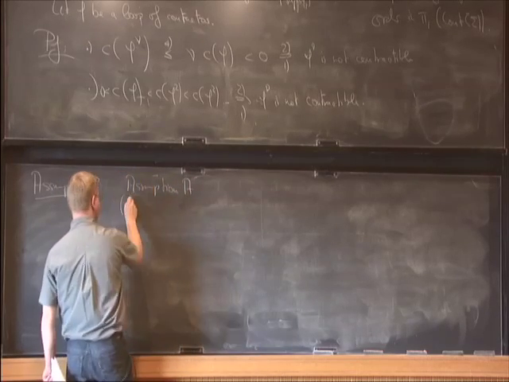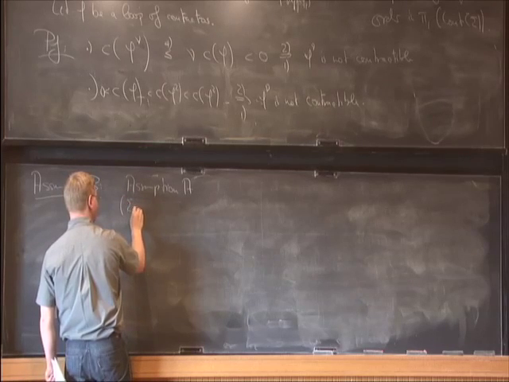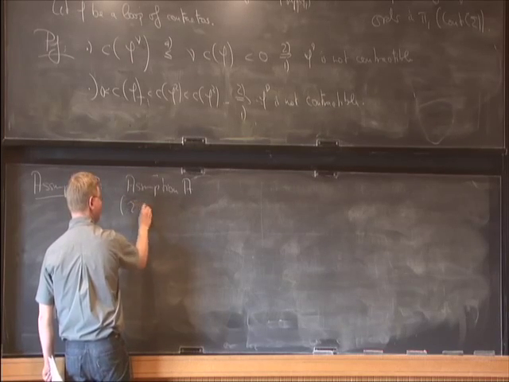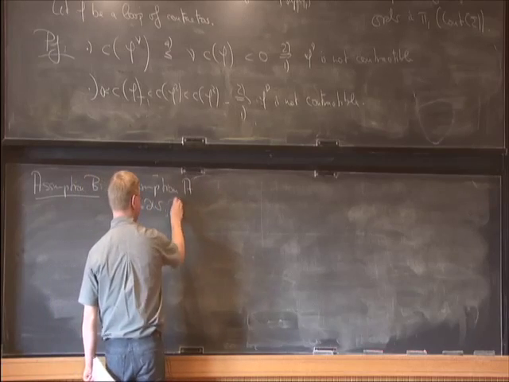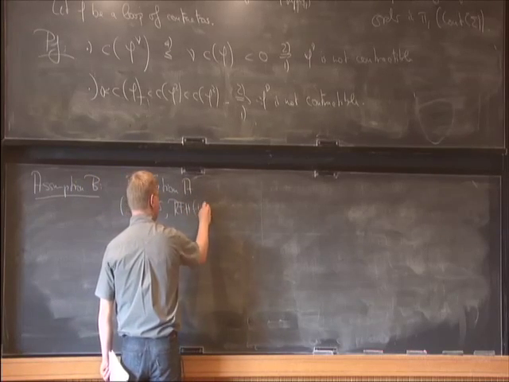So assumption A was Liouville: sigma is the boundary of W, W is a Liouville filling, and RFH of W sigma is non-zero.